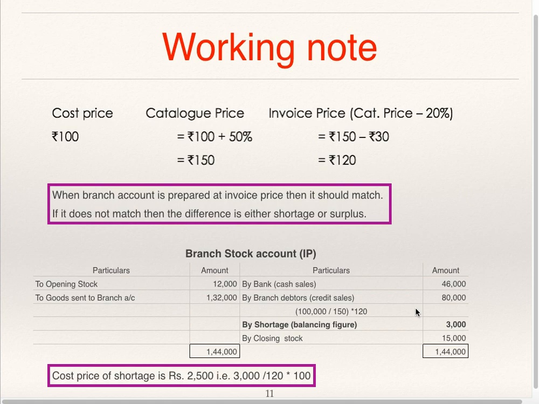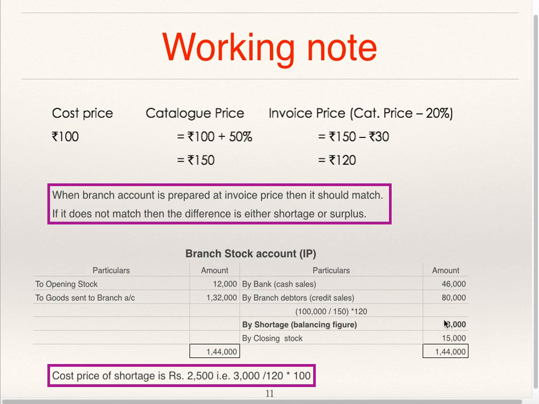Credit sales are at catalog price, so we will convert them to invoice price. We are writing everything at invoice price. Credit sales are 1 lakh at catalog price, which is 150. So 1 lakh divided by 150 multiplied by 120 converts these credit sales from catalog price to invoice price. So invoice price of credit sales is 80,000. Closing stock at invoice price is 15,000.